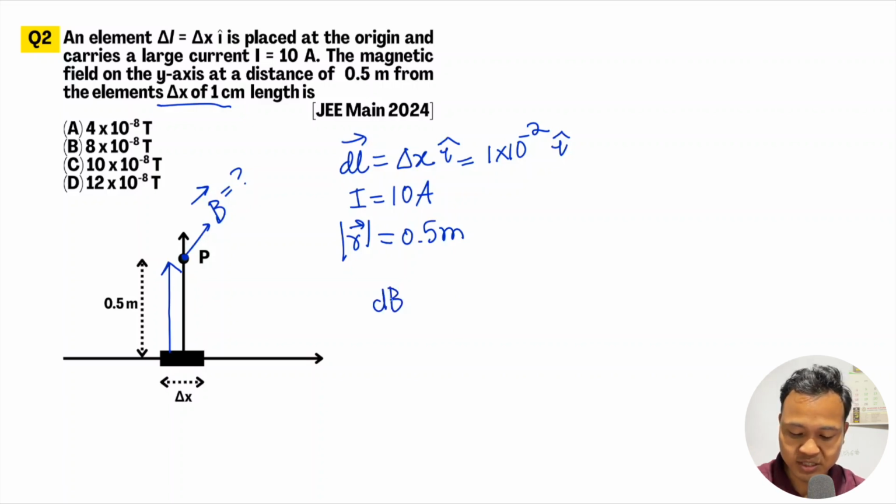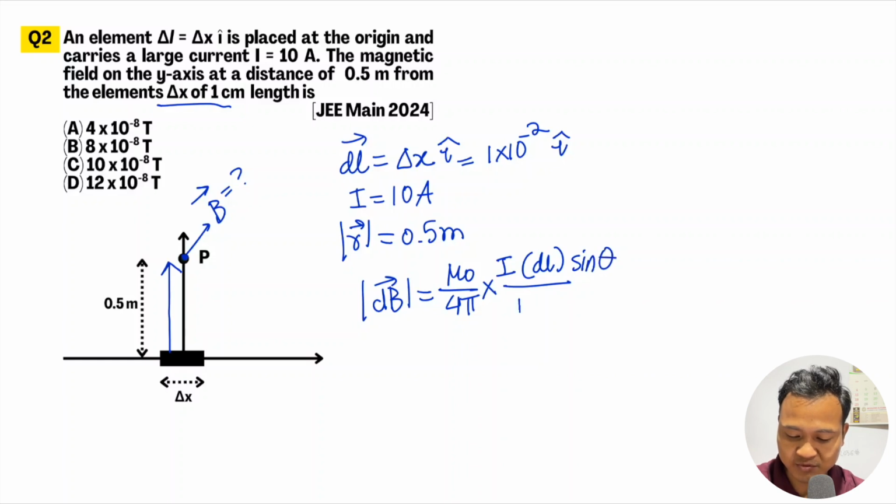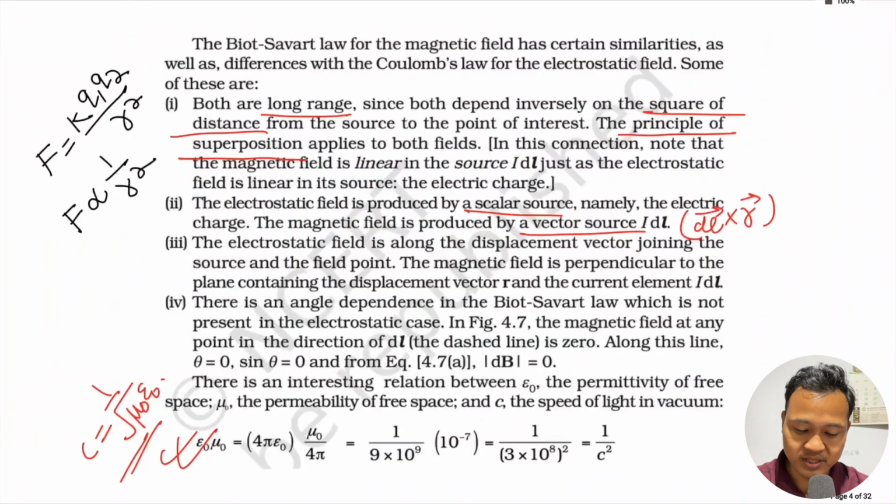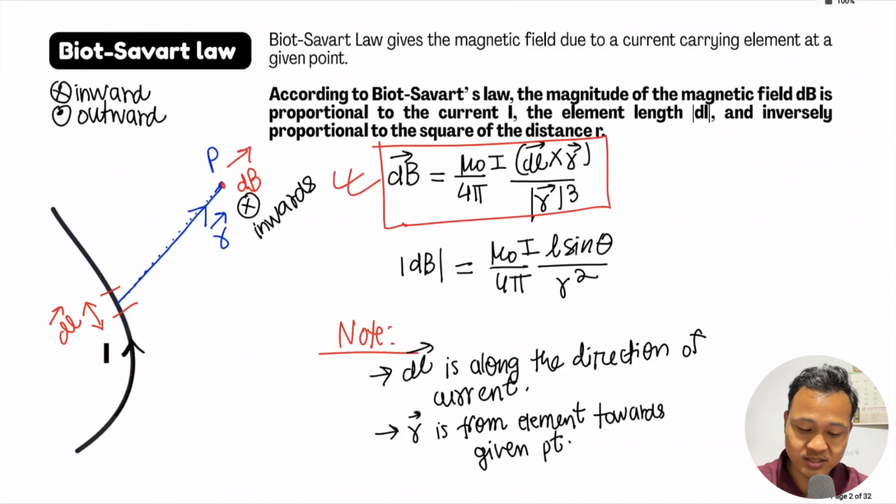So dB magnitude is equal to mu naught by 4 pi into current I into dl sin theta divided by mode of r the whole square. Magnitude, then put in the values.